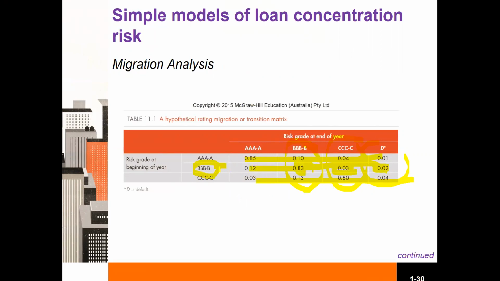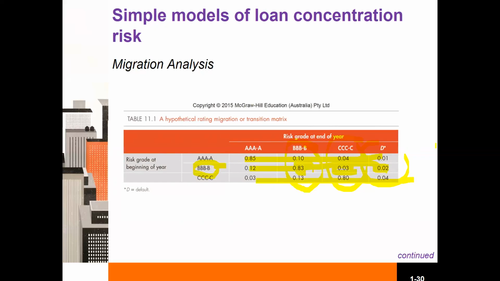Now, when you are evaluating a loan with a triple B rating and you see that there is a 3% chance that it can be downgraded to C, or a 2% chance that it can be downgraded to D, you may find that recently the probability of downgrade has increased compared to history.